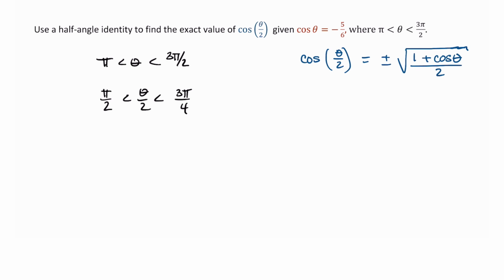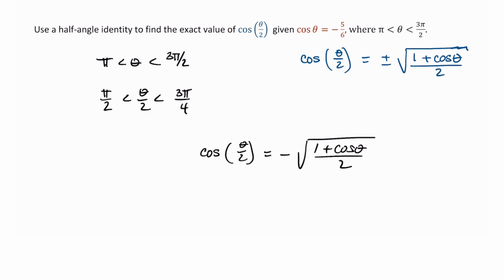Pi over 2 is 90 degrees, 3 pi over 4 is 135 degrees, so theta over 2 terminates in quadrant 2. So this means that cosine of theta over 2 is the negative square root of (1 plus cosine theta) over 2. Okay, so that's one hurdle.